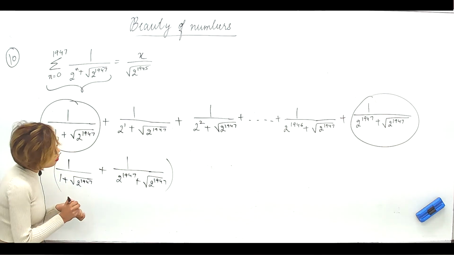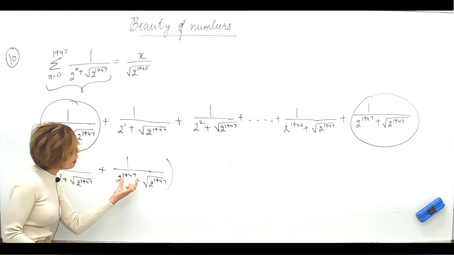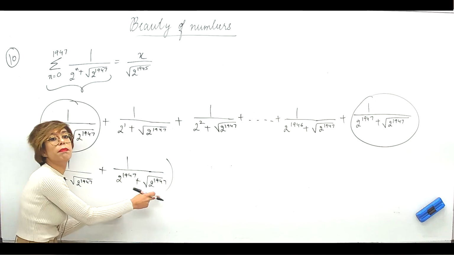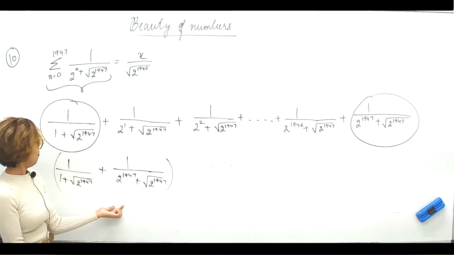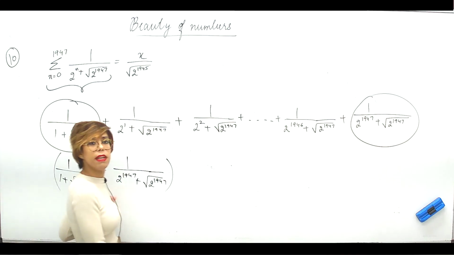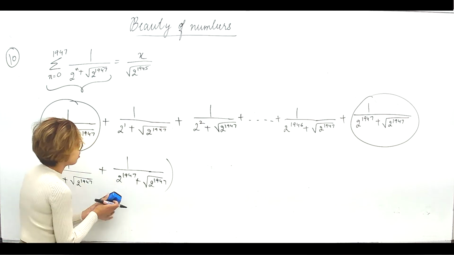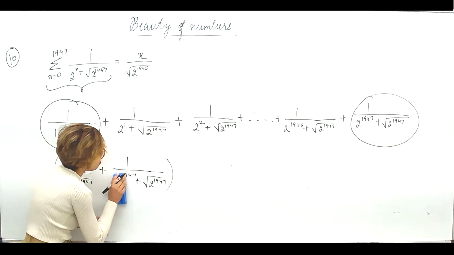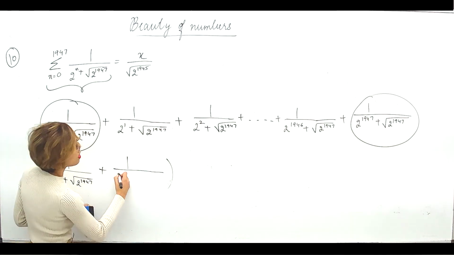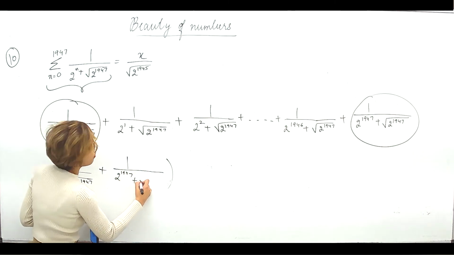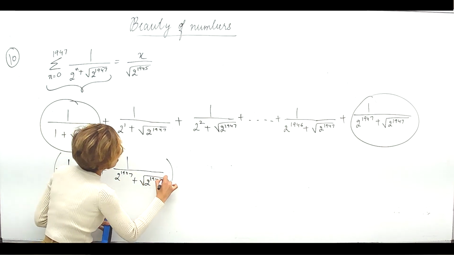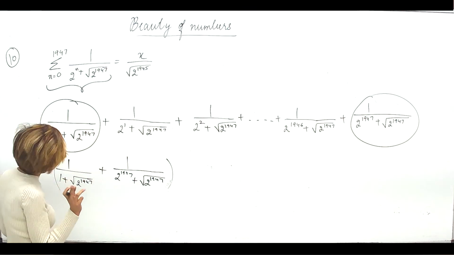Now, if you look closely, if I take 2 raised to 1947 common from here, common from here, it's similar. Let's check it out. Just take 2 raised to 1947 common from here. Take common. No, I have 2 raised to 1947 plus square root of 2 raised to 1947. Yes. Now I said one thing wrong.